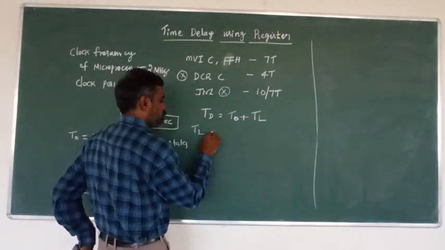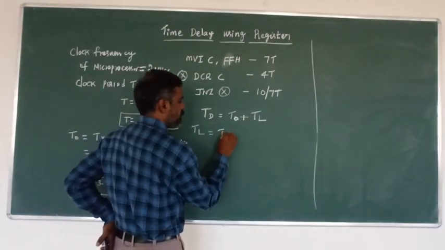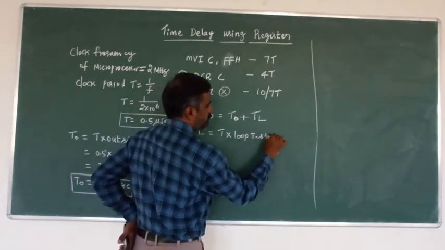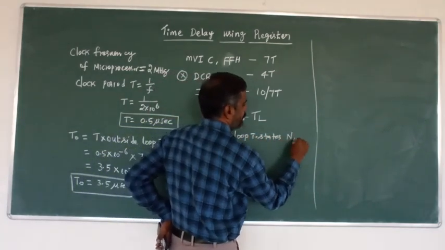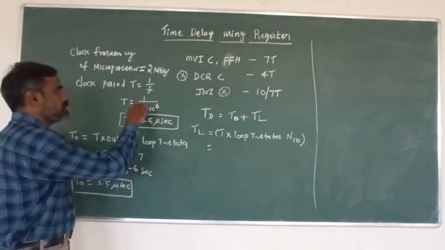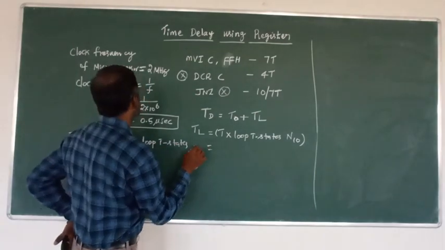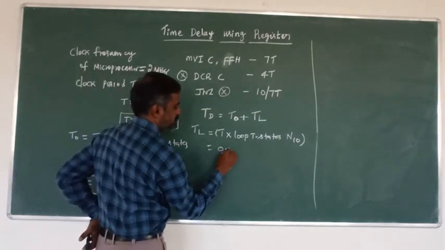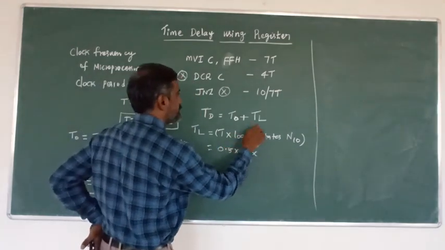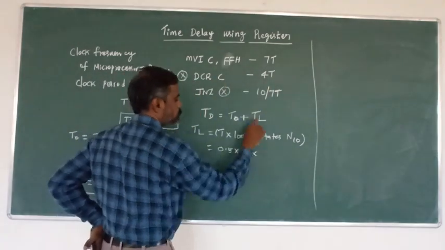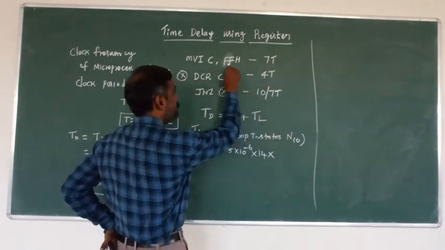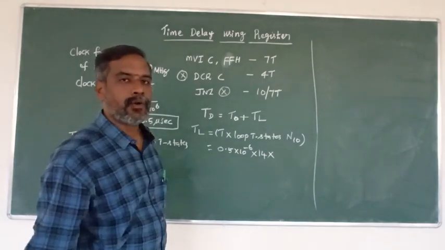Okay. Now the formula: time period into loop T states into N base 10. Here the time period is 0.5 microseconds, 10 to the power of -6, into loop T states, 14, into N base 10, the given hexadecimal value FF.